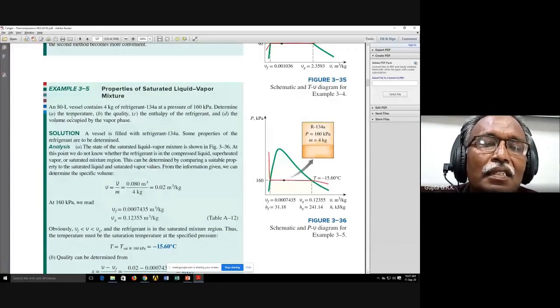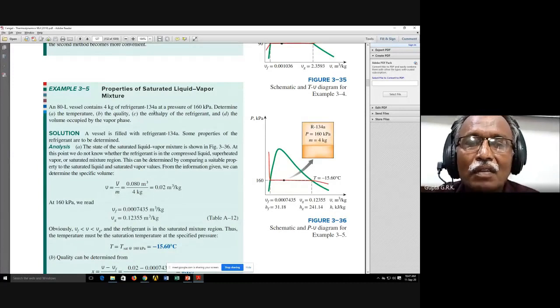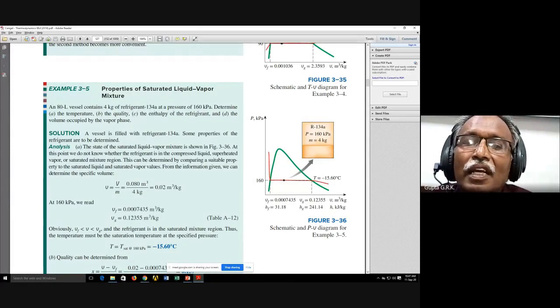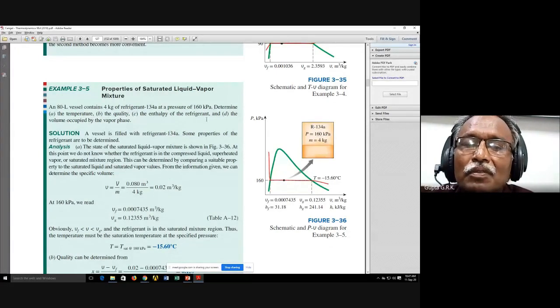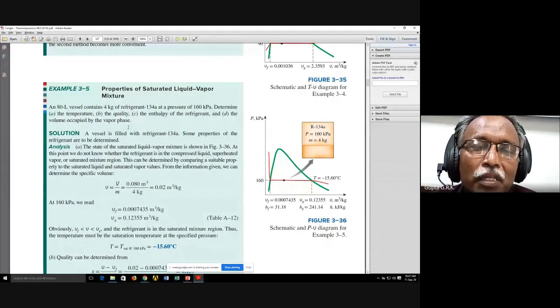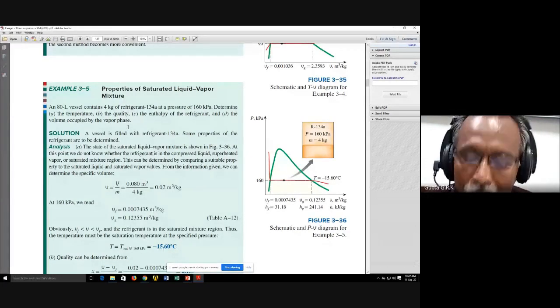An 80-liter vessel contains 4 kg of refrigerant R134A at a pressure of 160 kilopascals. Determine the temperature, the quality, the enthalpy of the refrigerant, and the volume occupied by the vapor phase. This is page number 127.